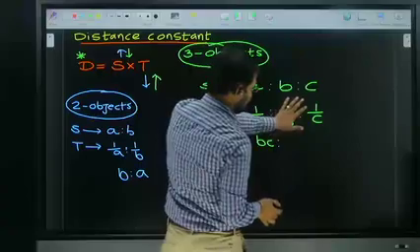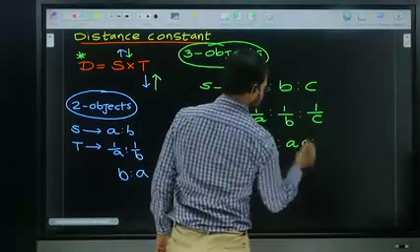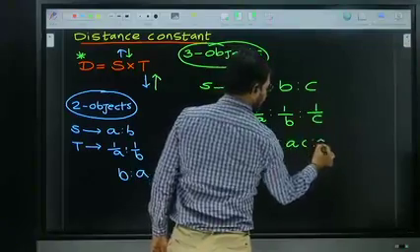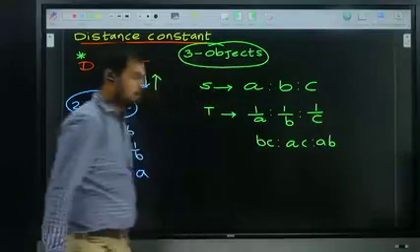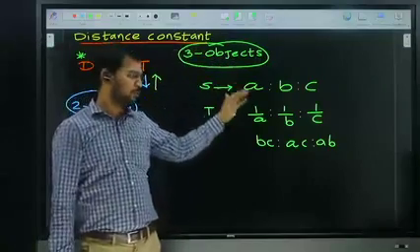If you want the second term, close the second term: AC. If you want the third term, close the third term and multiply the remaining two. Whenever they give two objects, we go like this; whenever they give three objects, we go like this.